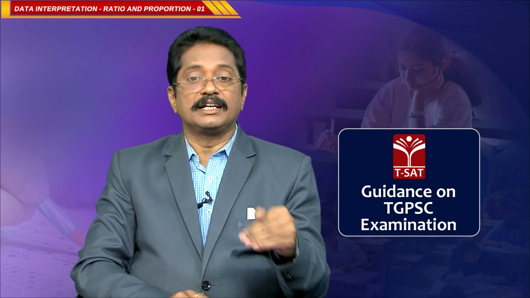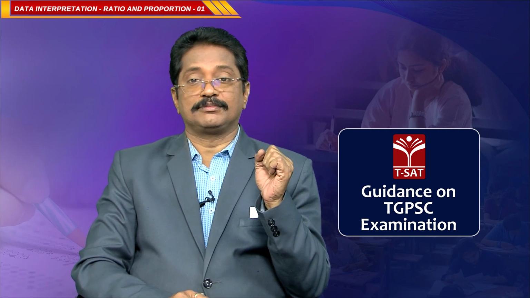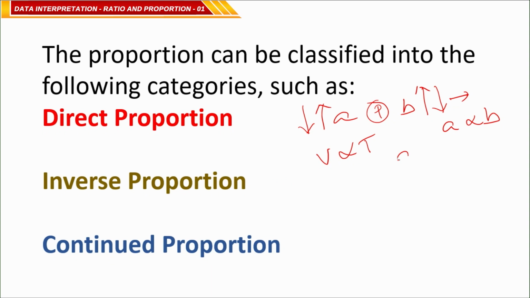Clear? Simply A is proportional to B. When A is proportional to B, we can say A is equal to KB, or A1 is equal to KB1. When A2 is also proportional to B2, you can say A2 is equal to KB2.